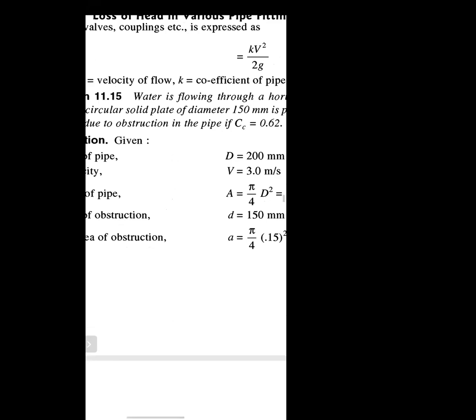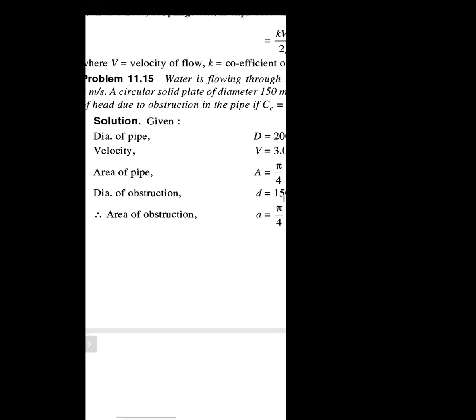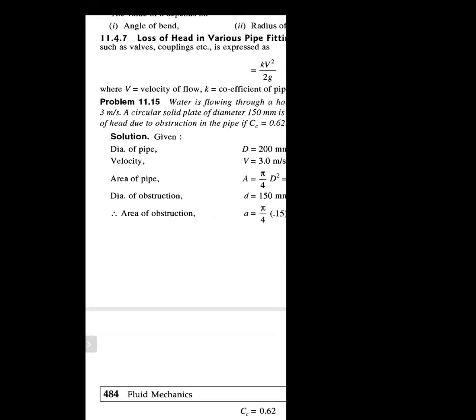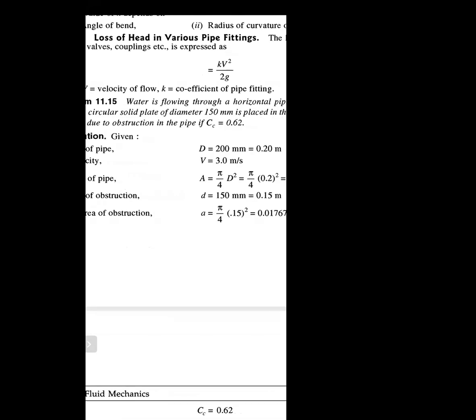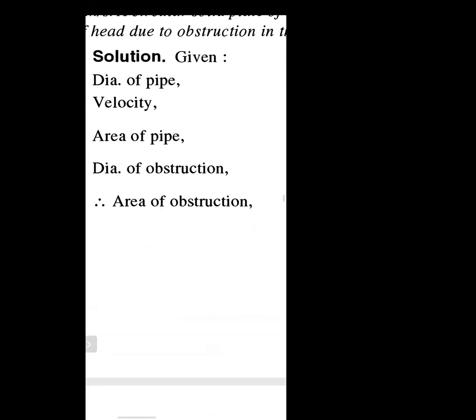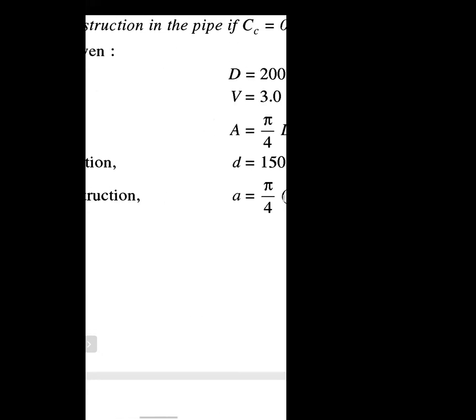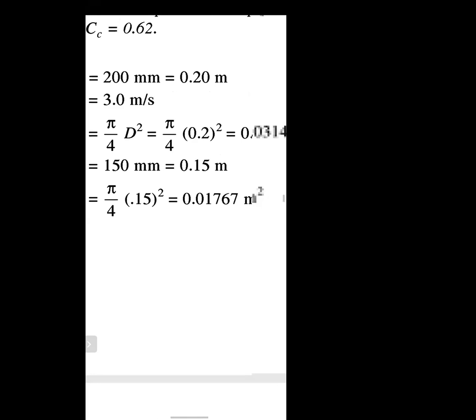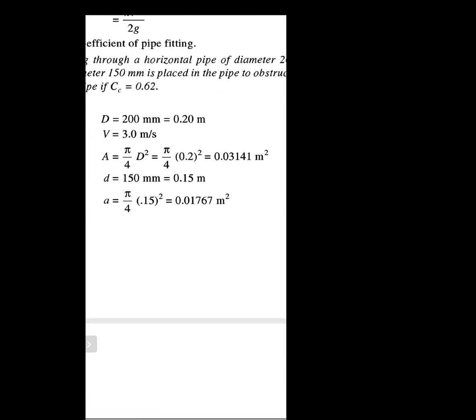Therefore, the diameter of obstruction is 150 mm. From that, calculate a, which is 0.01767 meter square. The area of obstruction is denoted as small a, and the area of the main pipe is capital A. Both values are different as their diameters are different.